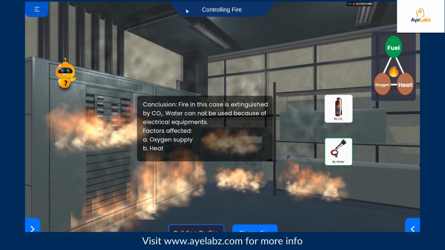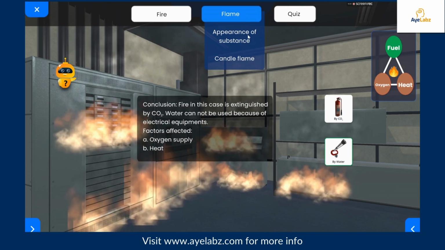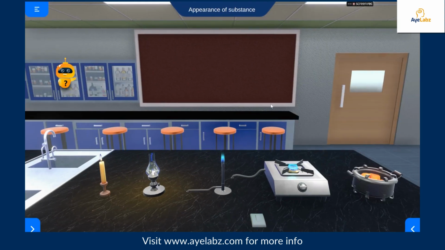Let's dive into the second part, that is flame. Under this we have appearance of substances. Have you ever wondered why the flames on a gas stove are blue while coal burns with a deep orange glow? And an LPG burner shows a steady blue flame.